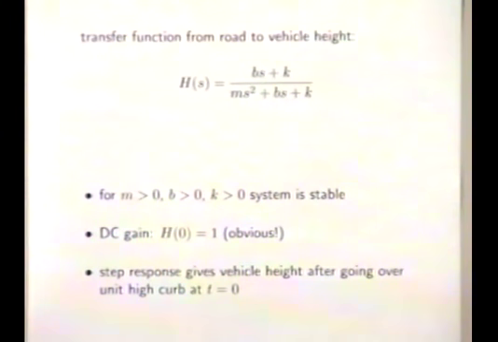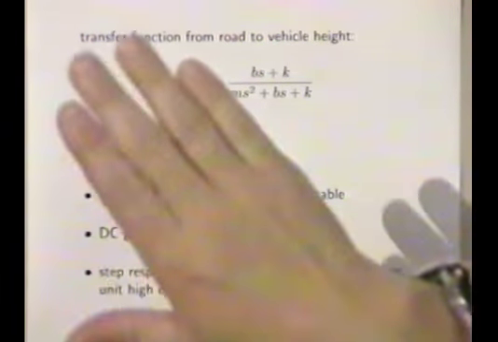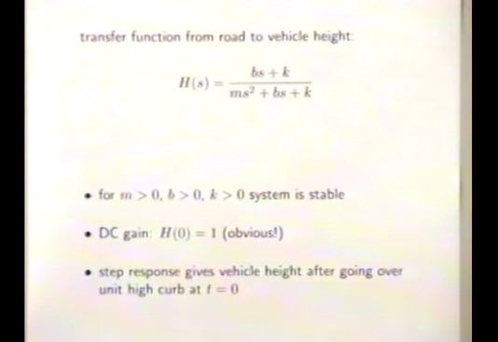But if you don't do that, it will settle out to the same height above the ground, and that means, of course, that the DC gain is exactly 1. If you bump over a curb that's 6 inches high, and you wait for everything to settle out, the vehicle will be 6 inches higher than it was before it hit the curb. Obviously, its DC gain is 1. But you can also see it just by plugging in s equals 0. Here, you get the same thing.